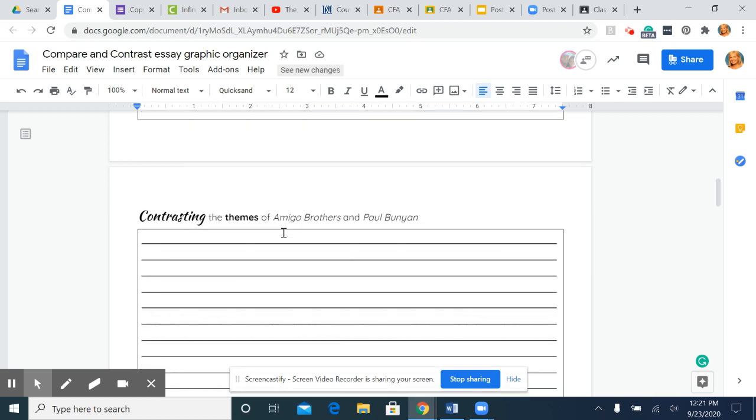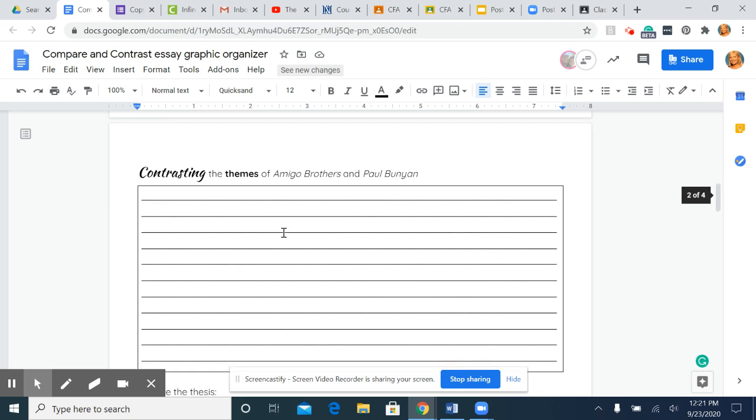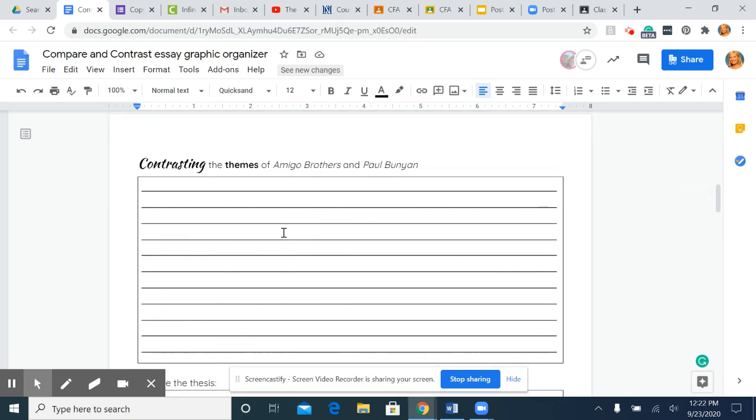Then you're going to talk about differences. So maybe you want to say, although both stories are about best friends, maybe you're going to talk about the longevity of their friendship. In Amigo Brothers, they've been friends for a very long time. Paul Bunyan and Babe just met.